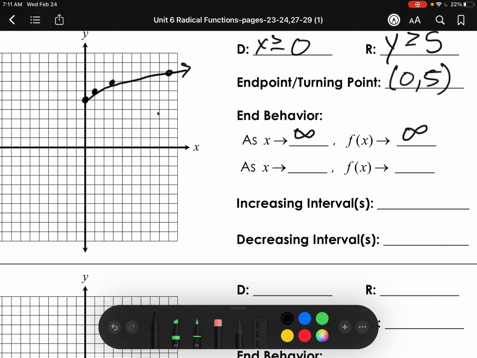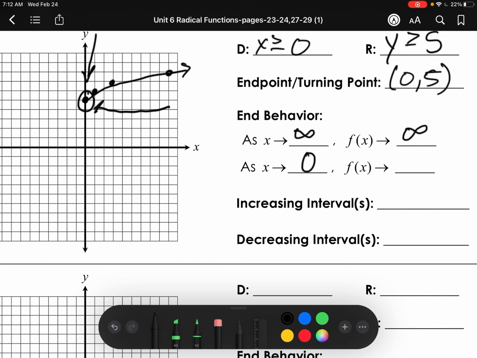Then next would be as x approaches 0, right? Can't approach negative infinity because we don't have any values less than 0, so x is going to have to approach 0 in the other direction. So as x approaches 0, you see how the graph is going like this, our y values are increasing, but if you're going in the opposite direction, our y values are decreasing, right?